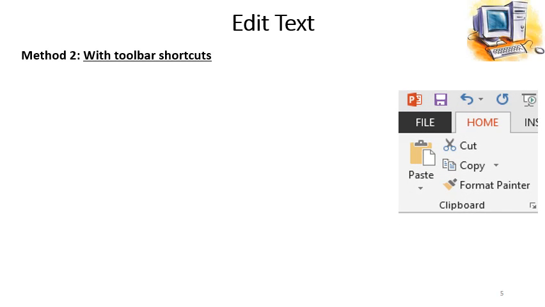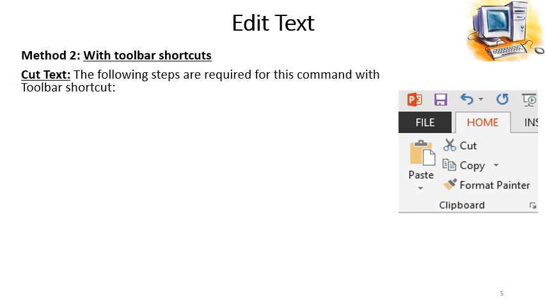Okay, and the second method is with toolbar shortcuts. For cut text, meaning move text, moving text from one place to another, the following steps are required with toolbar shortcuts.